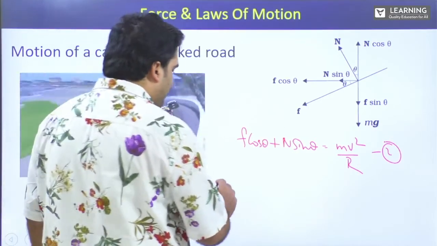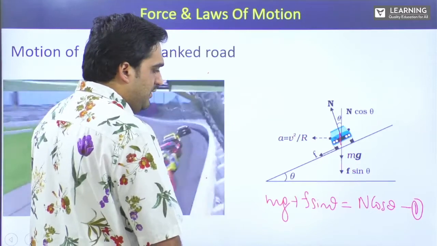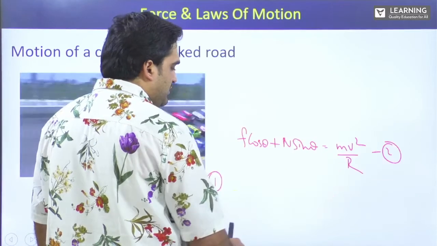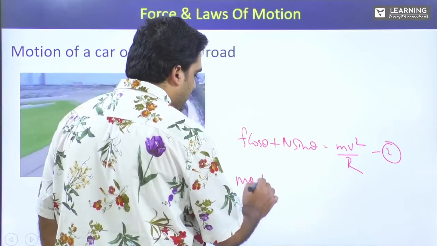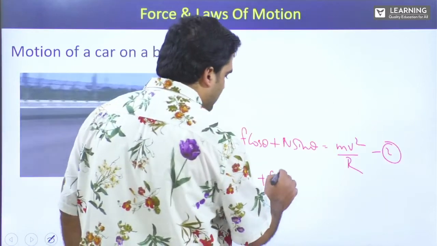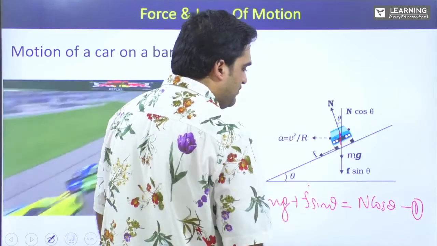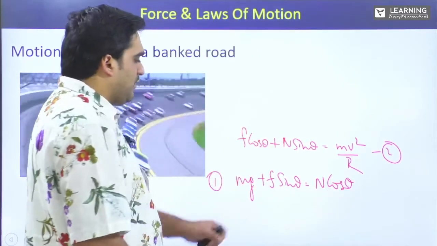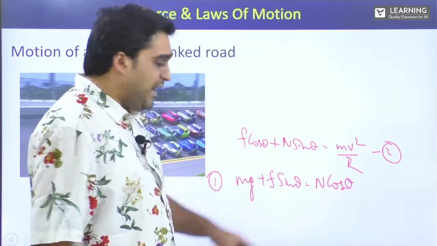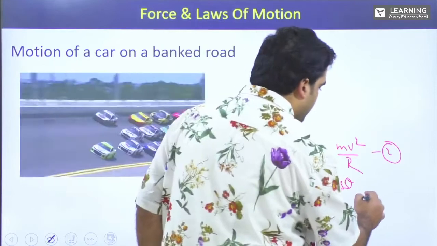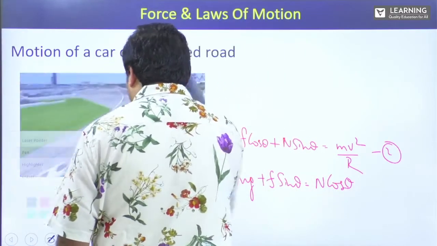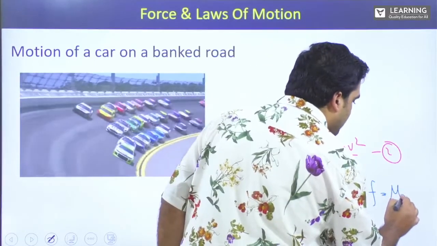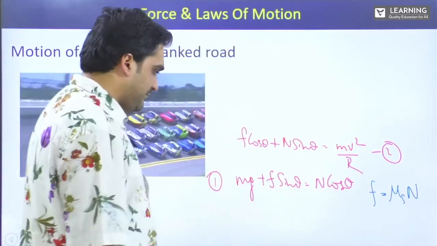Taking equation number 1, let me write that as mg plus F sine theta is equal to n cos theta. Now in this equation, this force F is a frictional force which can be written as mu s times n.